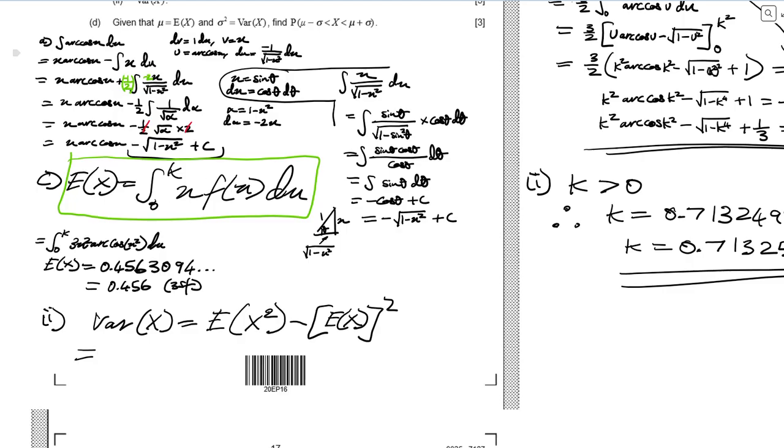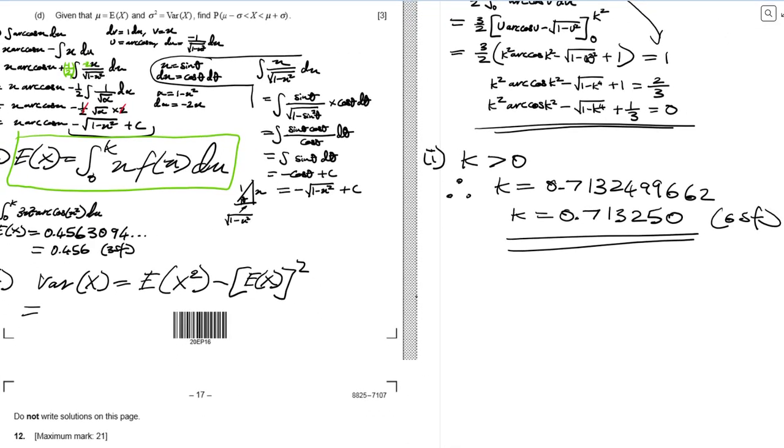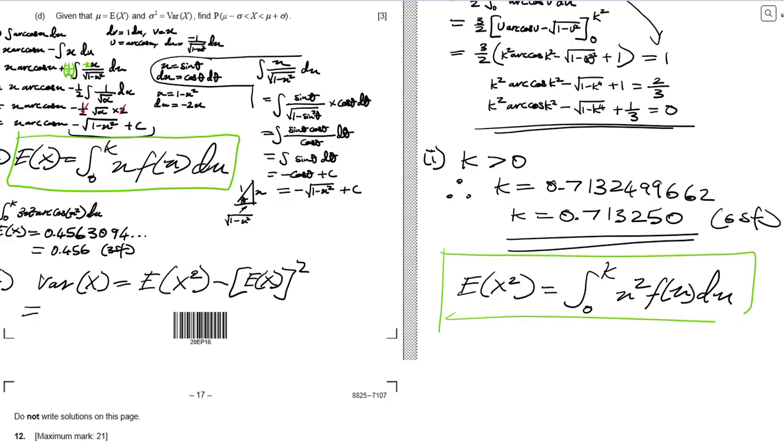So similar to this, let me make a new key formula. Not sure if it's in the data booklet. I do not believe so. Ex squared is our integral from the same domain of x squared fx dx. So this is an important thing to remember as well.